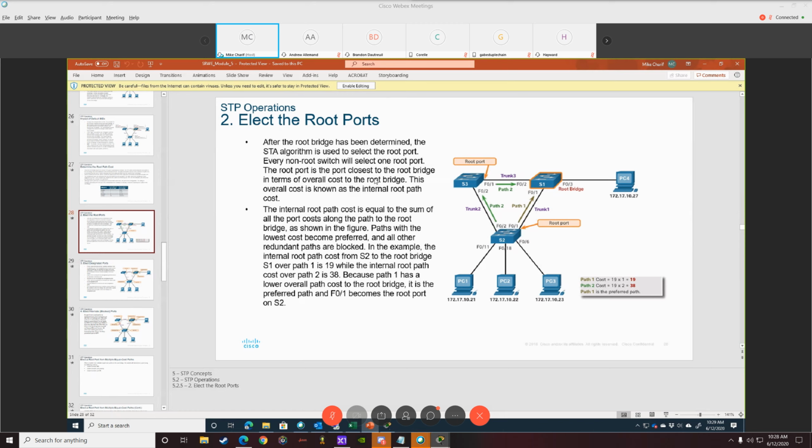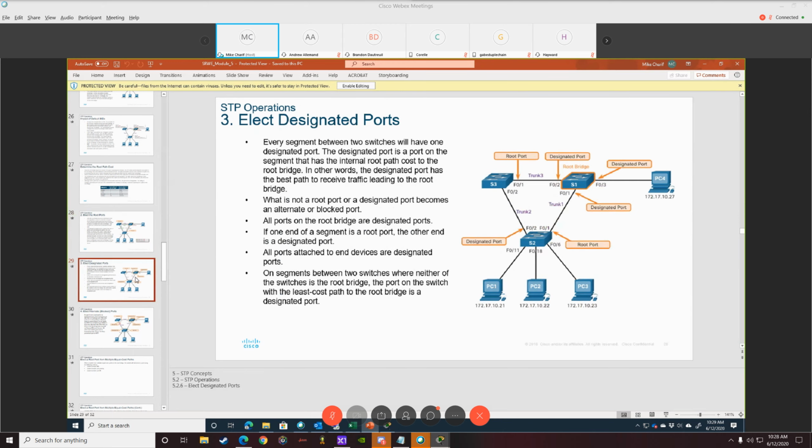The root port is the port closest to the root bridge in terms of overall cost to the root bridge. This overall cost is known as the internal root path cost. Anyway, we got the idea.